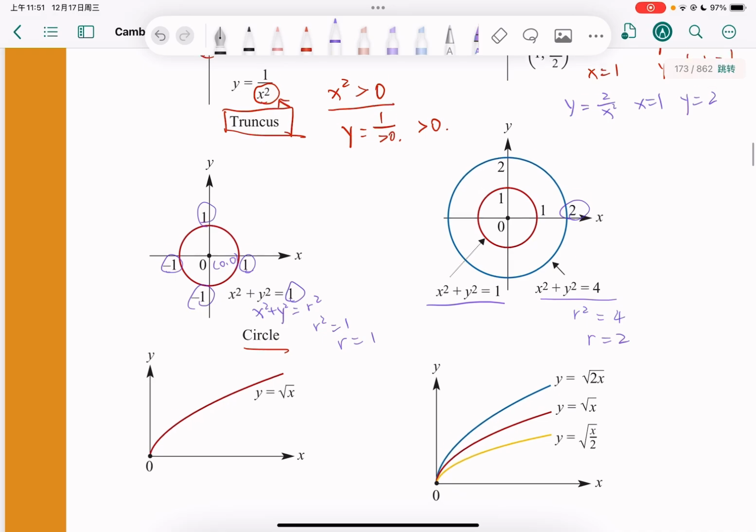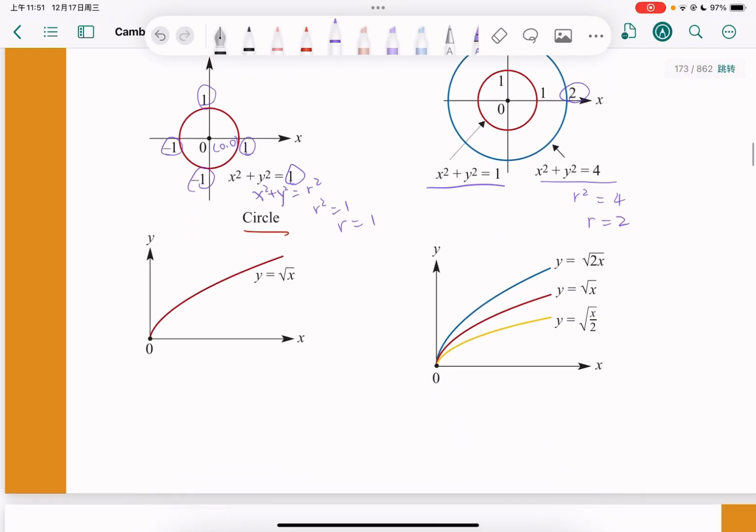Okay. What about the square root function? We know that under a square root, x must be greater than or equal to 0. So the corresponding y value will also be greater than or equal to 0. This is the red line over here. And if we put a 2 in front of the x, let's see.